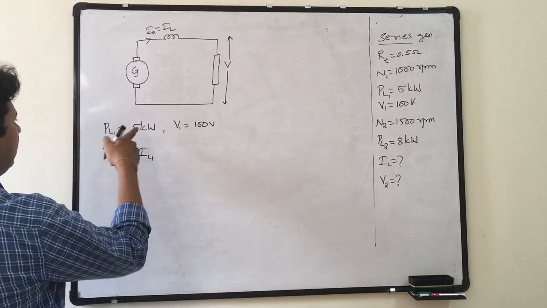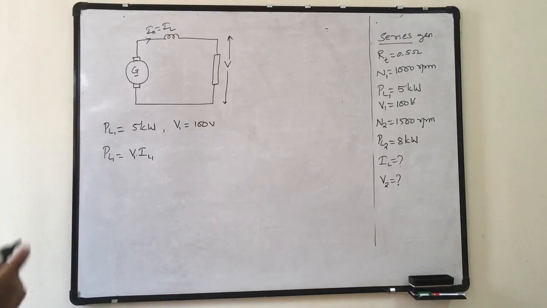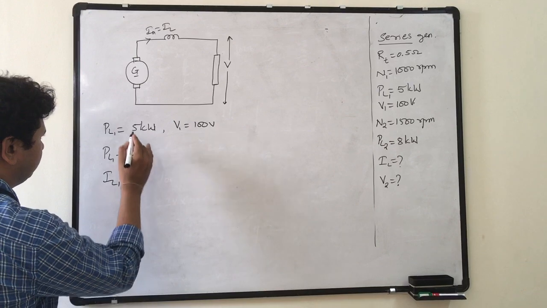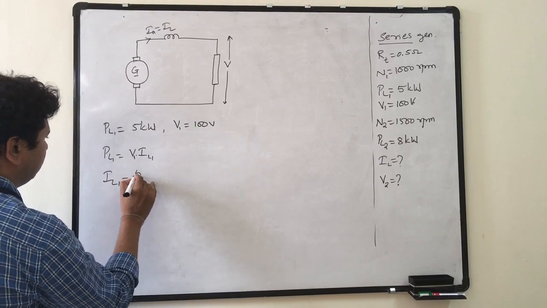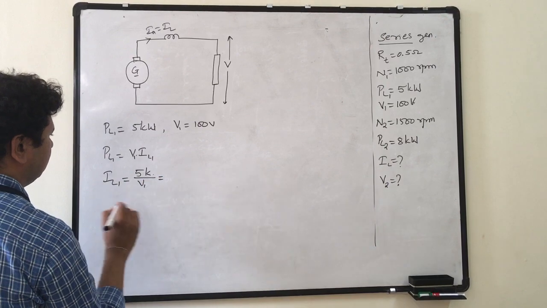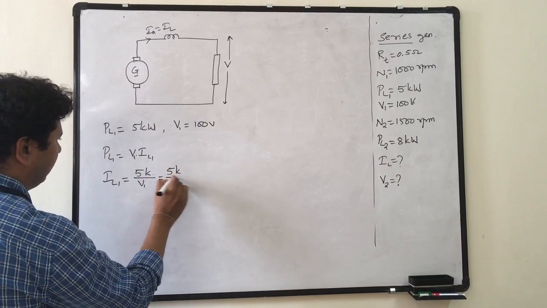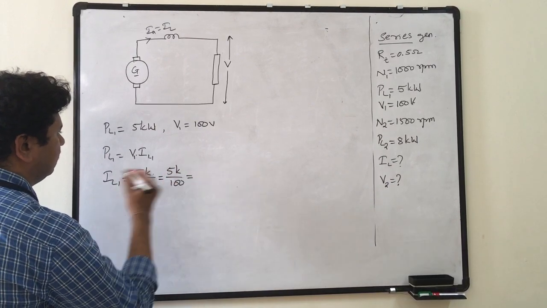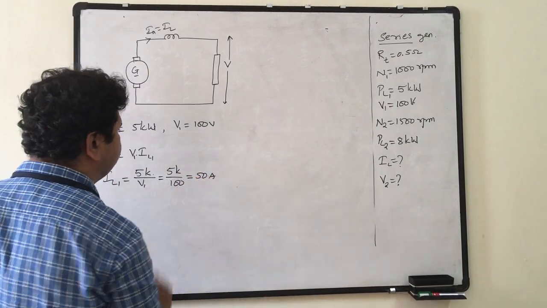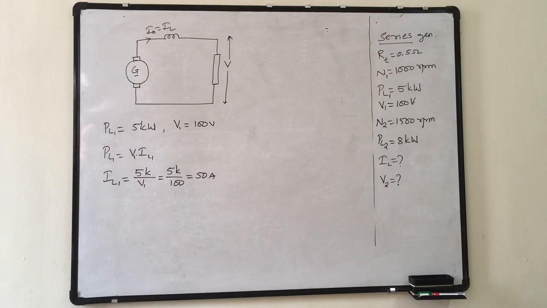I know what is PL1, which is 5 kilowatts. I can find out what is IL1. IL1 is equals to 5K divided by V1, which is 5K divided by 100. So this will be 50 amperes. IL1 is 50 amperes.